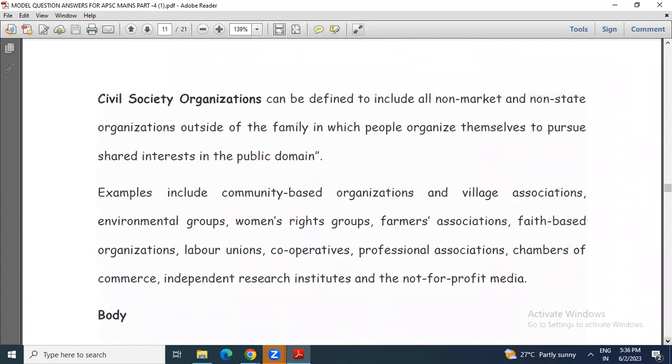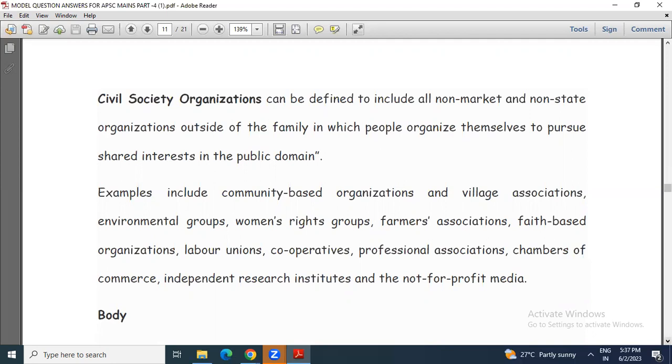Civil society organizations can be defined to include all non-market and non-state organizations outside of the family in which people organize themselves to pursue shared interests in the public domain. So how are we defining civil society organization? Such non-state, non-market organizations outside of the family, where people organize themselves to pursue shared interests in the public domain.